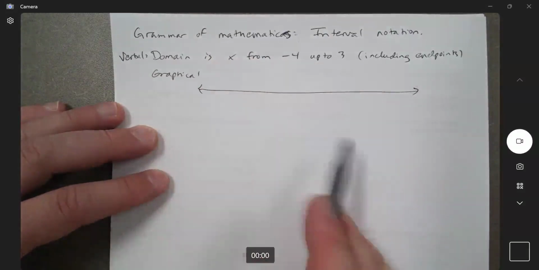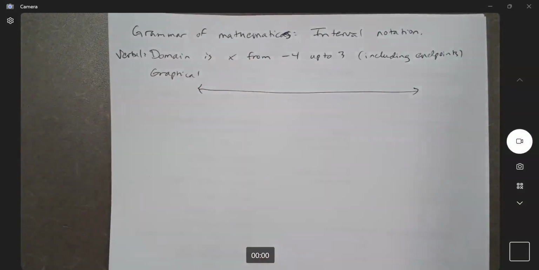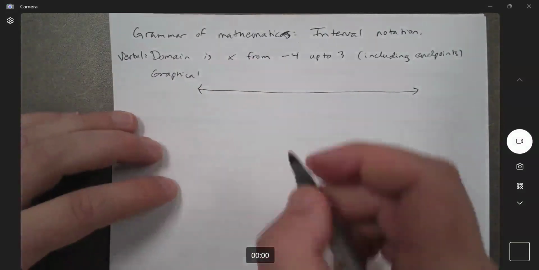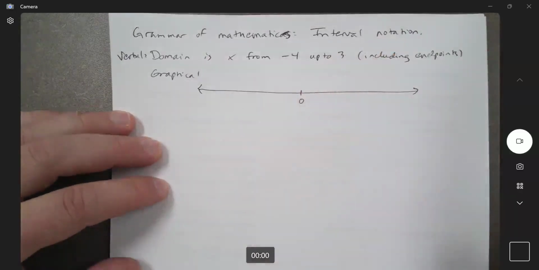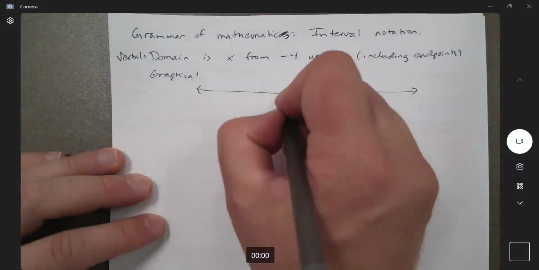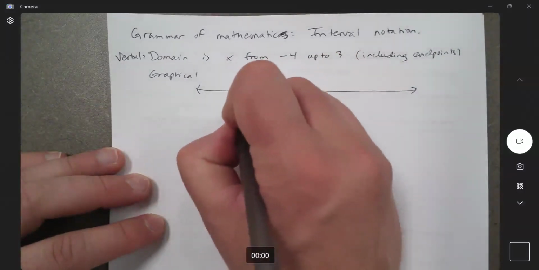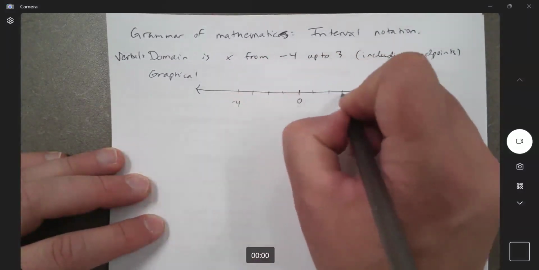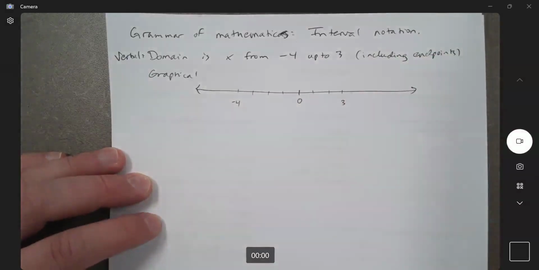Graphical: well, I'm only talking about x values, so I just need an x number line. I don't need everything. And I like to orient myself by putting a 0 in the middle. Then I'm just going to count down to -4 and up to 3.